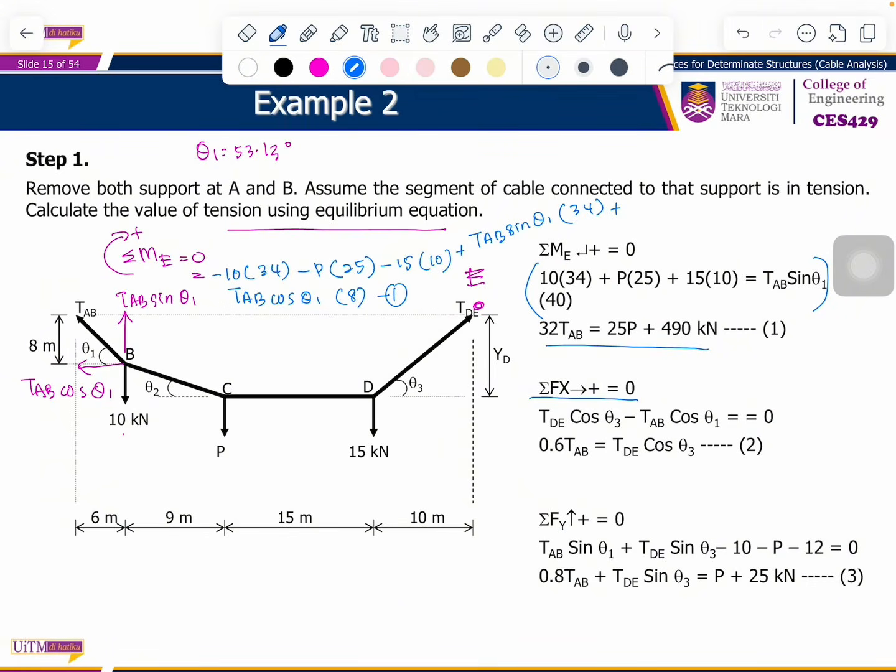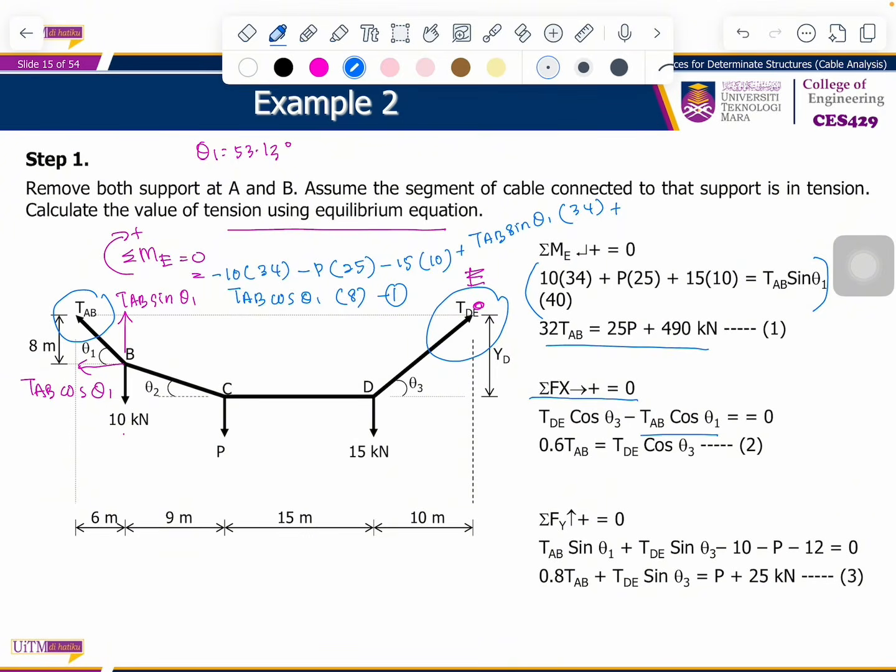For the horizontal equilibrium equation, we have TDE and TAB only. So TDE cos theta 3, when you resolve this inclined force to the horizontal direction, TDE multiplied by cos theta 3, minus TAB cos theta 1.